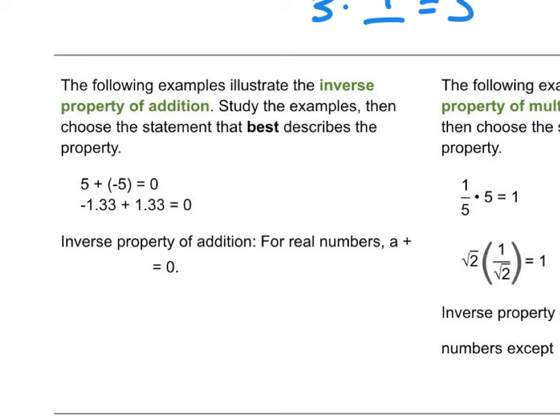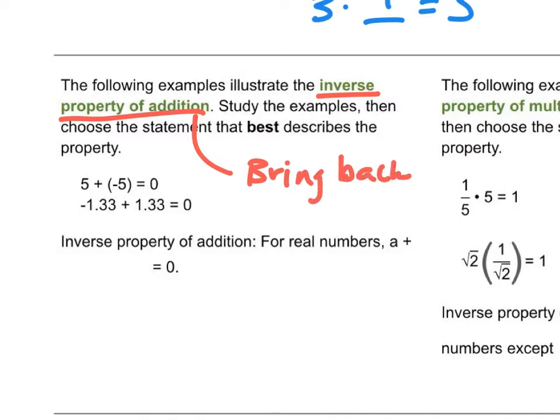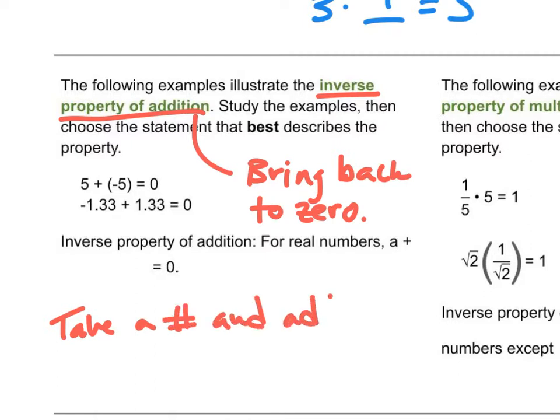Okay, so this inverse property. When we do inverse property of addition, that means bring back to 0. Inverse property is bring back to 0. So it really means that you take a number and add its opposite.